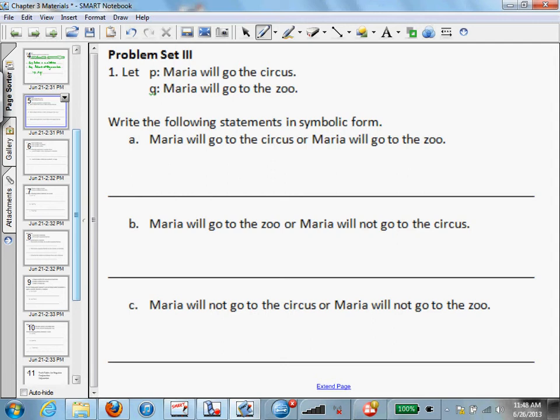Okay, using or statements, write the following statements in symbolic form. Maria will go to the circus, or Maria will go to the zoo. So this first part, let that be P, and or represented by this symbol, and Maria will go to the zoo as Q. Maria will go to the zoo, or Maria will not go to the circus.